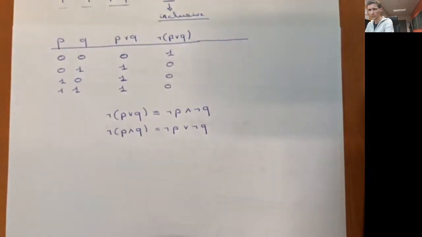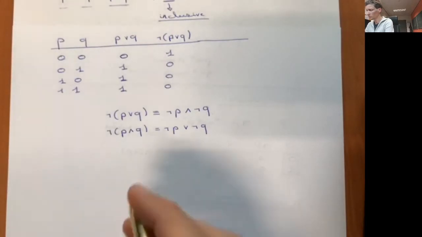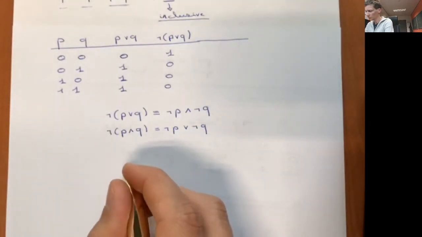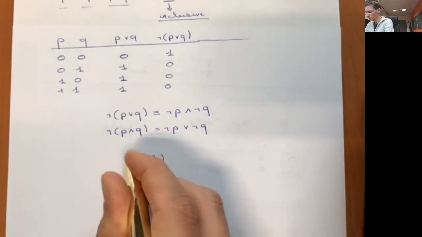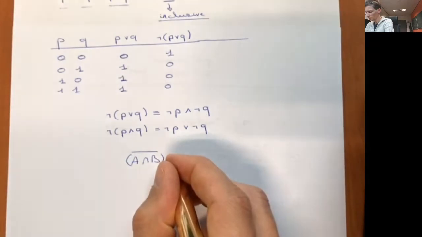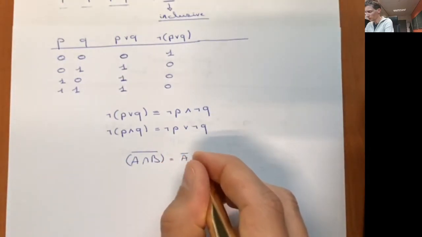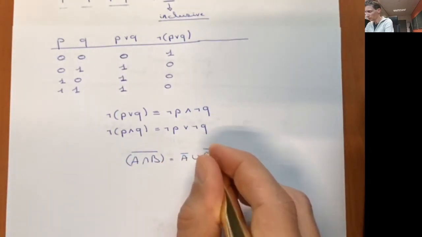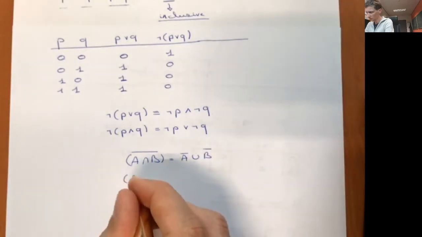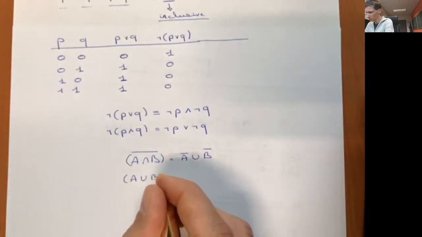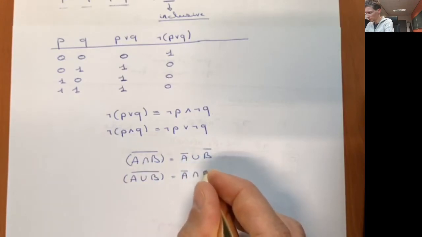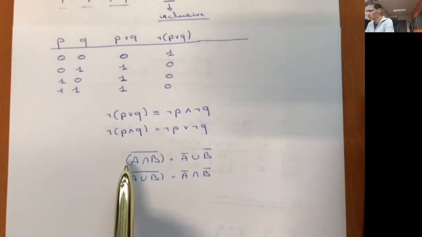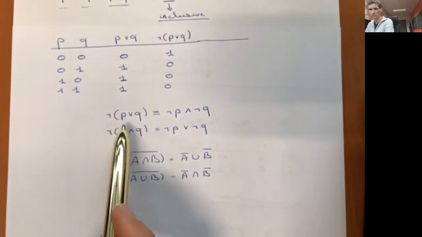So if you know something about set theory, probably you know the rule that's called De Morgan's law. If you have two sets A and B, and if you take the complement of the intersection, you get the complement of A union the complement of B. And if you take the complement of the union, you can also write this as the complement of A intersection the complement of B. So these two laws are very similar to these two laws in logic.